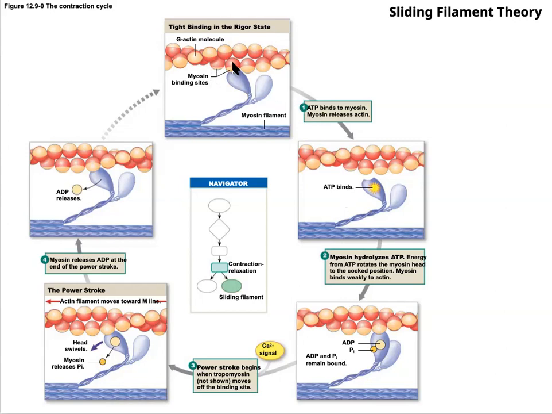Okay, it used to be attached over here, but now the new attachment point is about 1 to 3 actin monomers away from the original position. So what we see here is the energy released from ATP hydrolysis is now trapped and stored as potential energy in the form of the rotated myosin head.